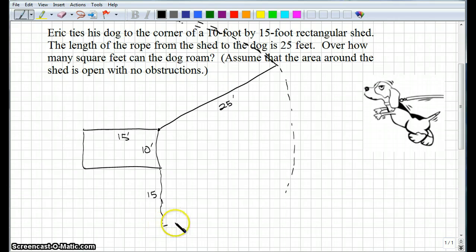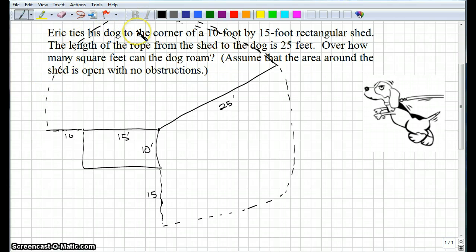So he can roam in a circular area up until his rope meets the edge of the shed. In the same way over here, only since the shed is 15 feet long, his rope is going to extend 10 feet beyond that. So we've got this circular area, but it's not a full circle, is it?